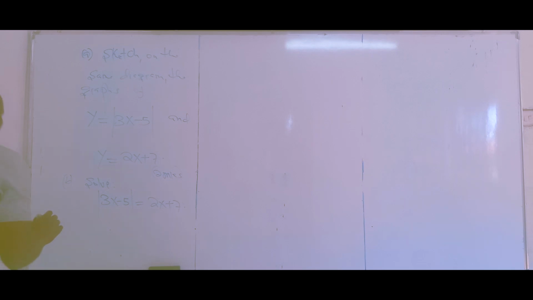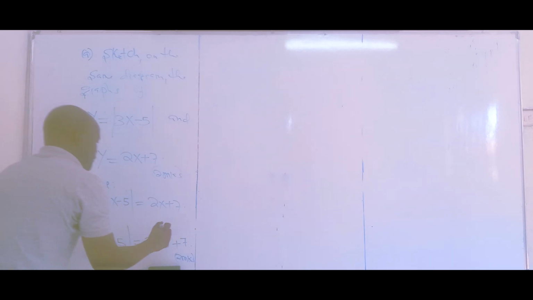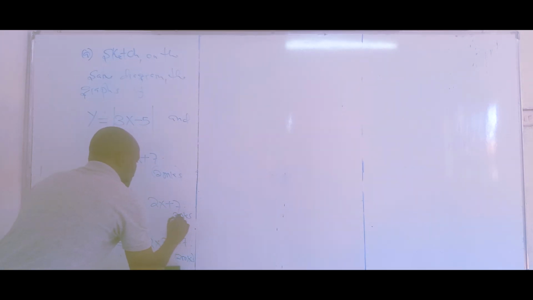That's part B. Part C, hence solve the equation 3 raised to power y plus 1 minus 5 is equal to 2 times 3 raised to power y plus 7. That's 2 marks. This middle one is 3 marks. This is 3 marks.